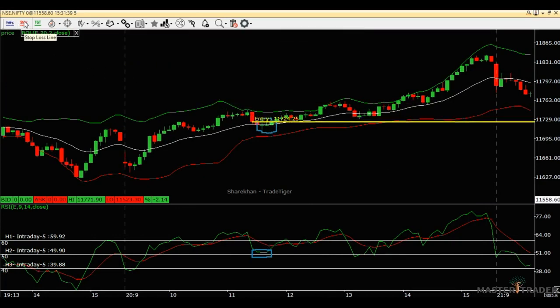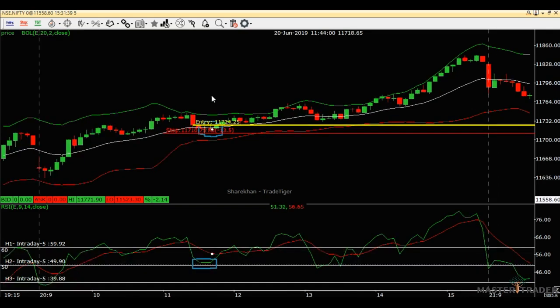Stop loss will be very small, guys. It will be right below that area, this swing low, which is approximately 13 points. Targets, keep your first target as 20 points, and the remaining, you can just trail.